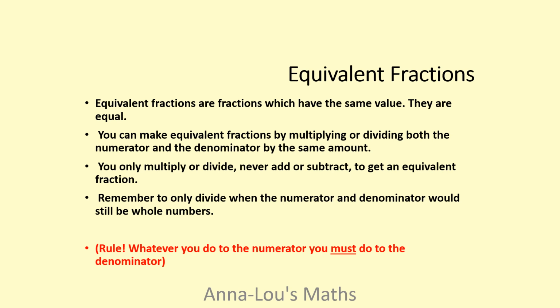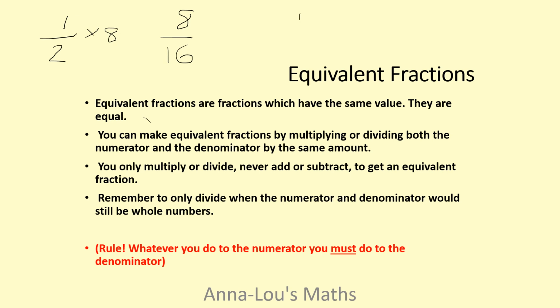So, for example, if I had a half, I could scale that up as well as down. I could choose any number, so let's say 8. As long as I do the same to the top as I do to the bottom, it's an equivalent fraction. So 1 times 8 is 8, 2 times 8 is 16. So a half and 8/16 are equivalent fractions.